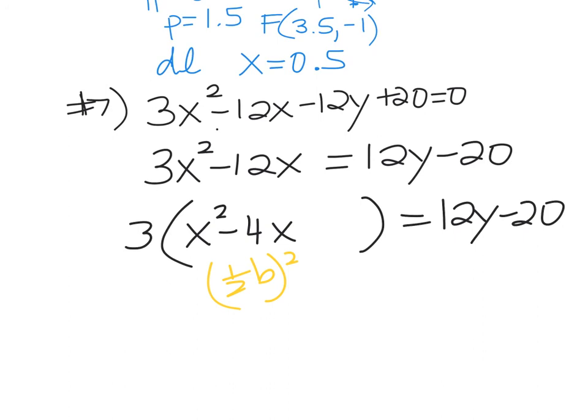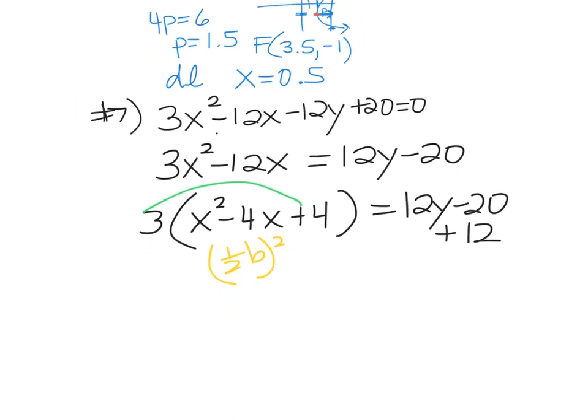All right, so now we're going to take half of b and square it. Okay? And when we take half of b, we get negative 2. Squared is 4. But who can tell me what we're going to add to that side? Yes. You love complete the square. Okay, do you see what I added to this side of my equation? I added 12. 3 times 4. So you have to go over here to this side and add 12.